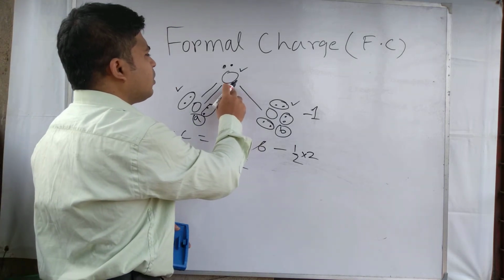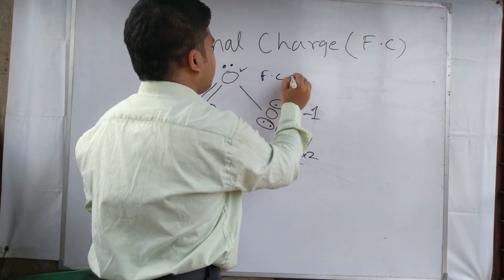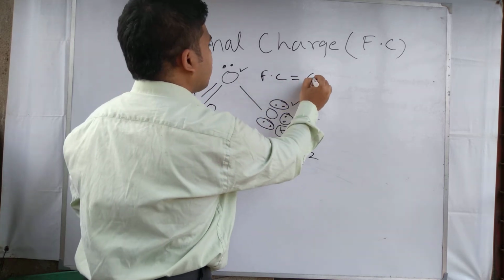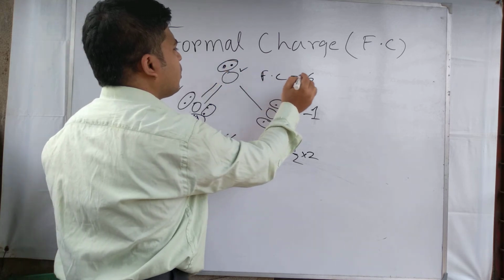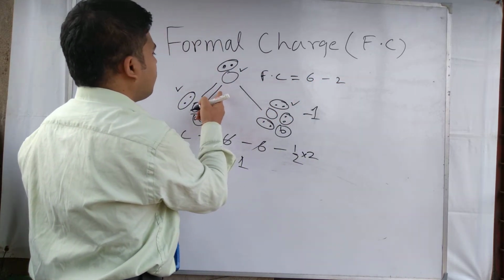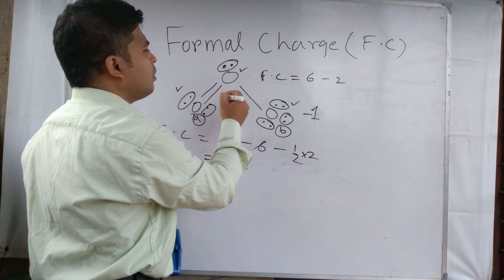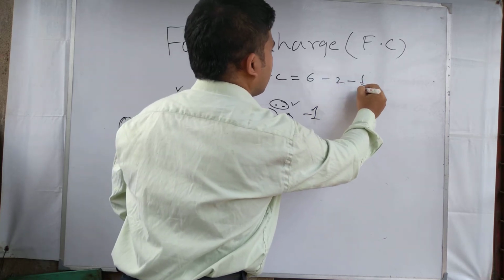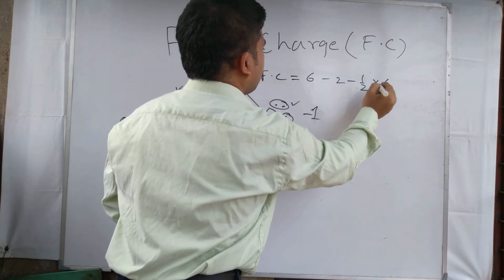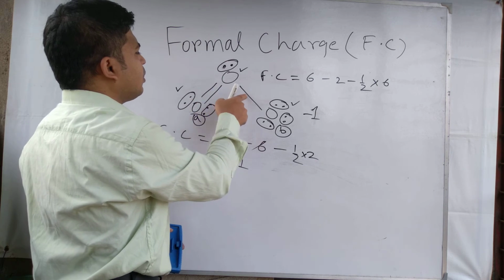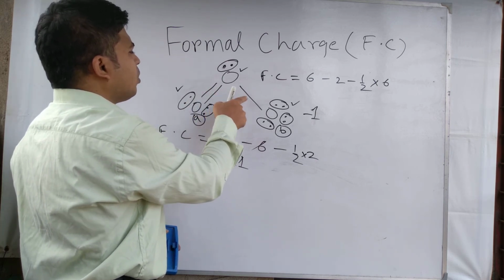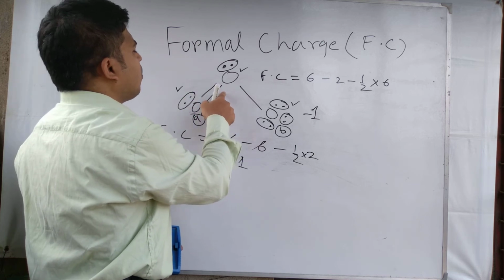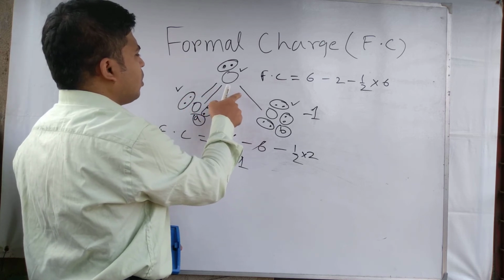Similarly you can calculate for this oxygen atom. Formal charge equals the number of valence electrons, which is 6, minus the lone pair electrons, that is 2, minus half of the bonded electrons. There are 3 bonds present and total 6 electrons in the bonds.